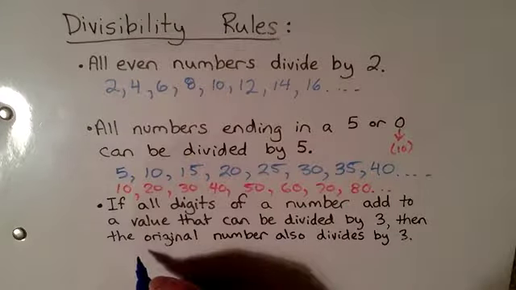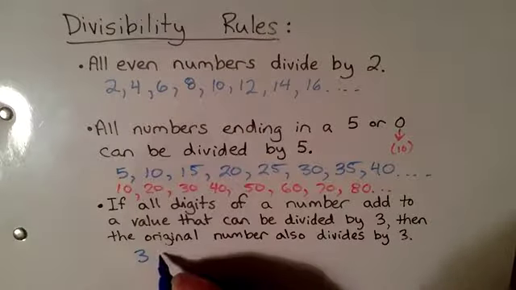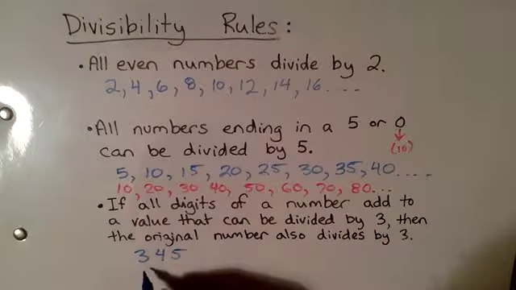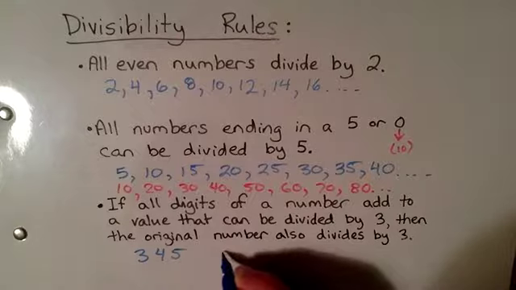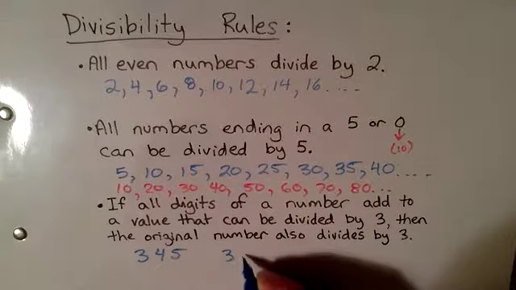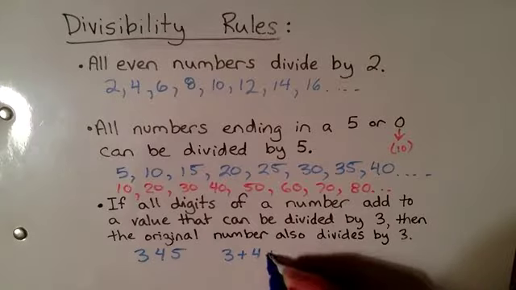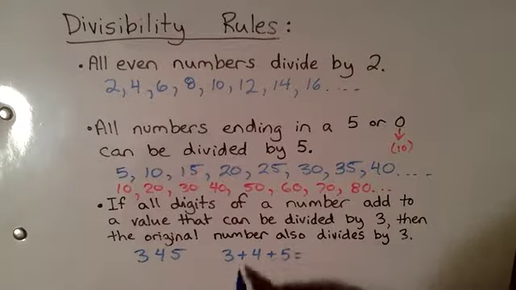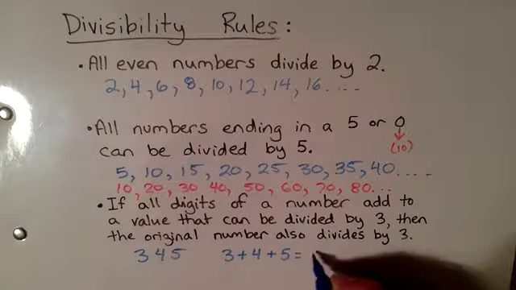For example, 345. That has 3 digits in it, a 3, a 4, and a 5. If you add 3 plus 4 plus 5, you get 3 plus 4 is 7, add 5, 12.